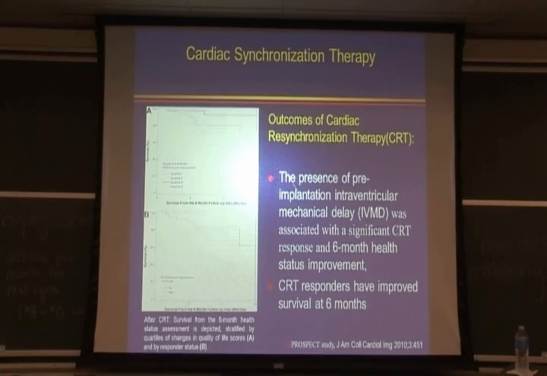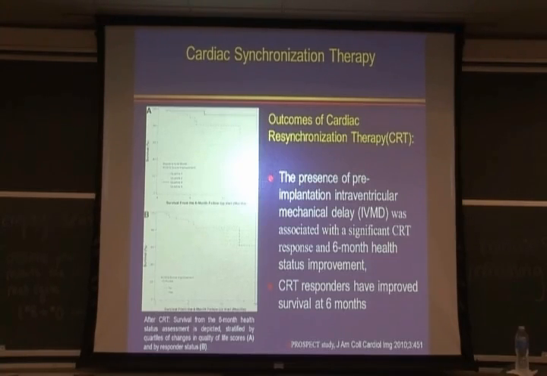So as a whole, we can apply speckle tracking, either 2D or 3D volume rendered, and we can find those who are responders, and if they have responded to cardiac resynchronization therapy, their survival as well as quality of life has certainly improved.